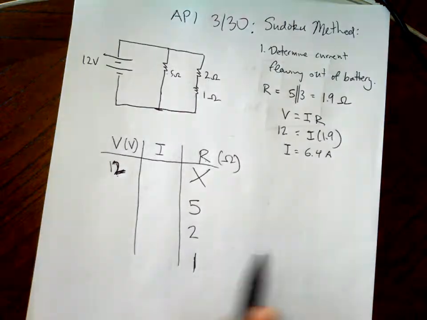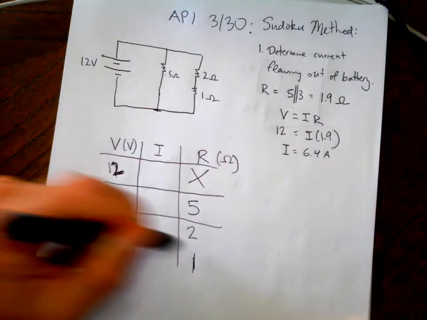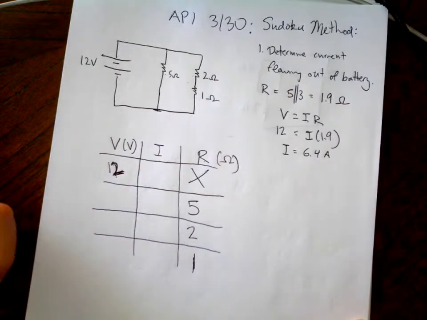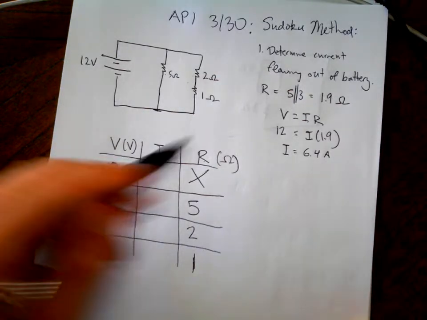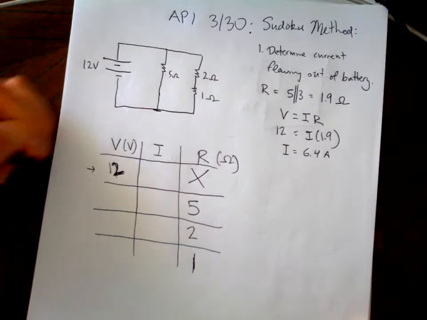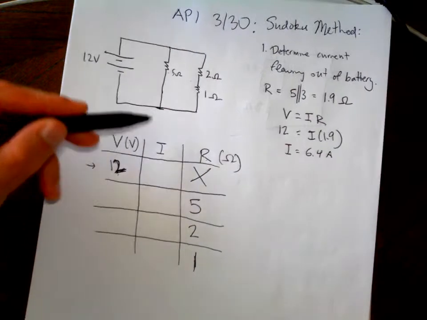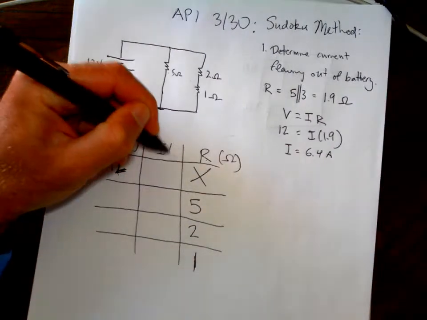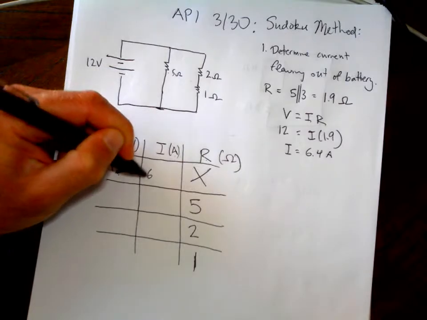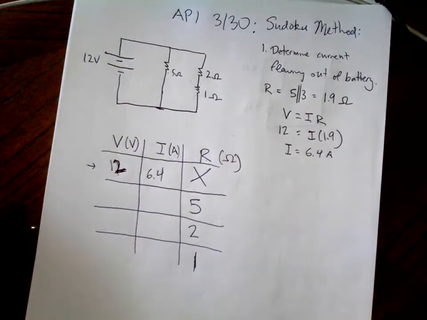Okay, so I've got this table here, and the battery's current is 6.4 amps. This is the row for the battery, and for the column for current, I'm going to put 6.4. So there you have it.